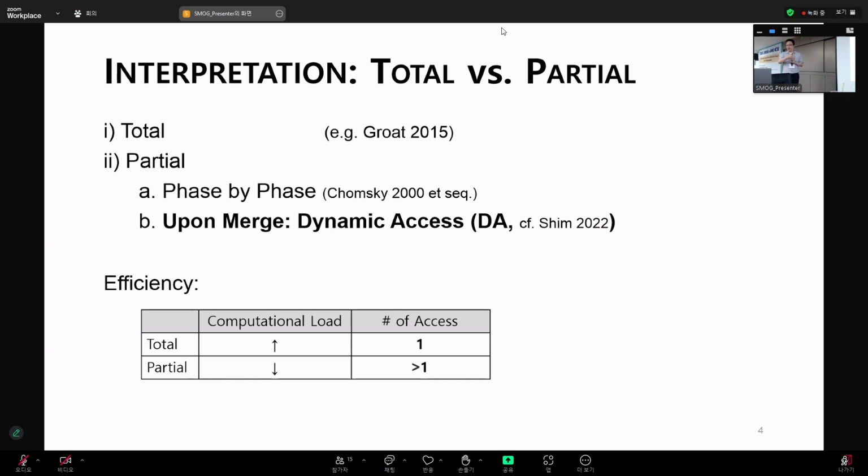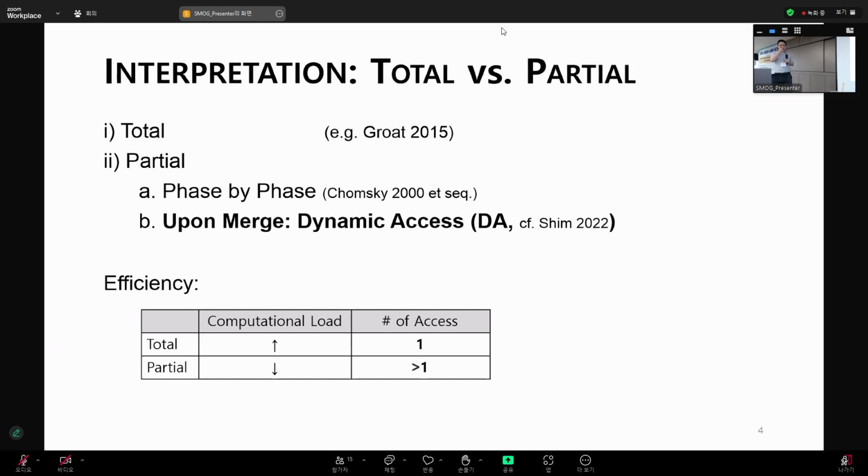So we call it a partial transfer or partial approach. And my merge-based transfer, actually there's no transfer. I'll get to that later. But my dynamic access can be seen as more partial than Chomsky's idea.